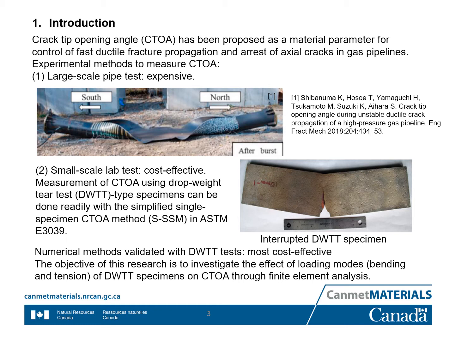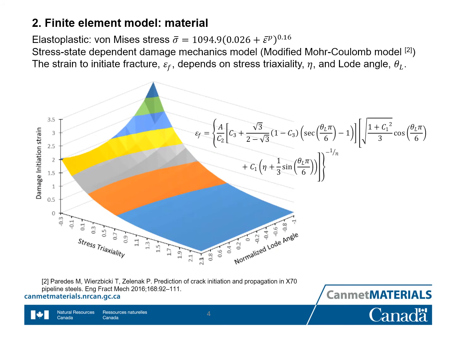Besides this test, we can also do finite element analysis to investigate CTOA. And the objective of this research is to investigate the effect of loading modes, such as bending and tension, on CTOA.